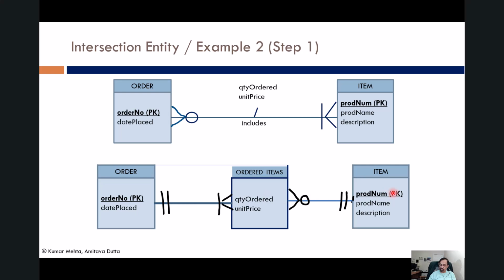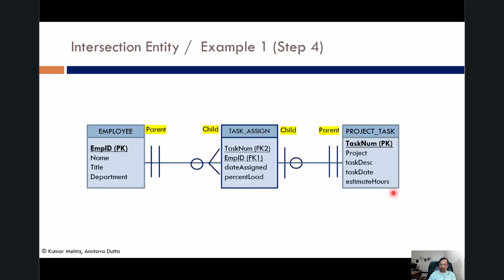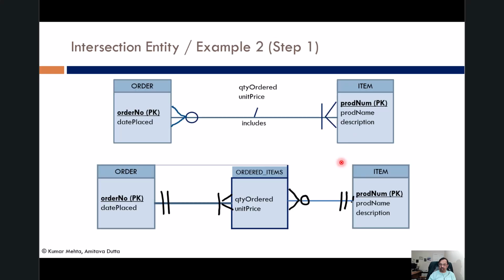So just quickly look back to the picture. Here again, you have two relationships, but you have a one-to-many relationship over here and a one-to-one. All right. So in this example, what has happened is a many-to-many relationship between order and item has been replaced with an intersection entity and a pair of one-to-many relationships.